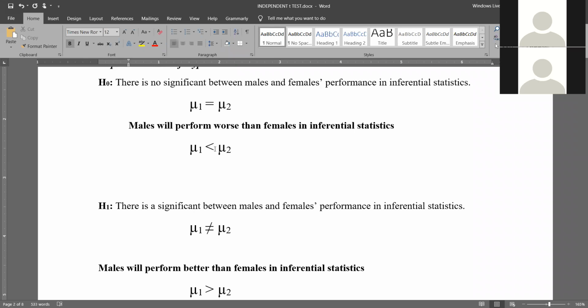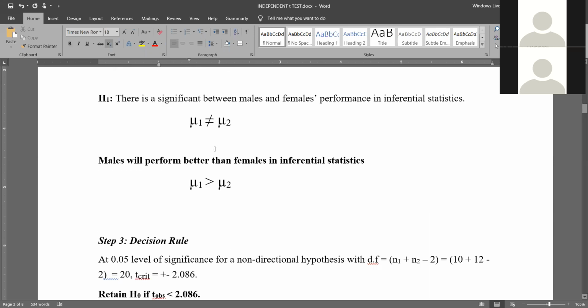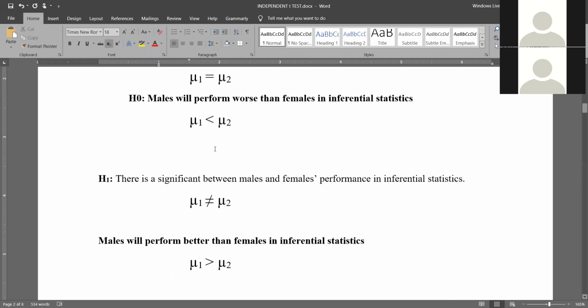That'll be for H0. So under H0, you get two hypotheses, because since for H1 we indicated males will be better, that means greater than. We want all possible opposites of what? For H0.